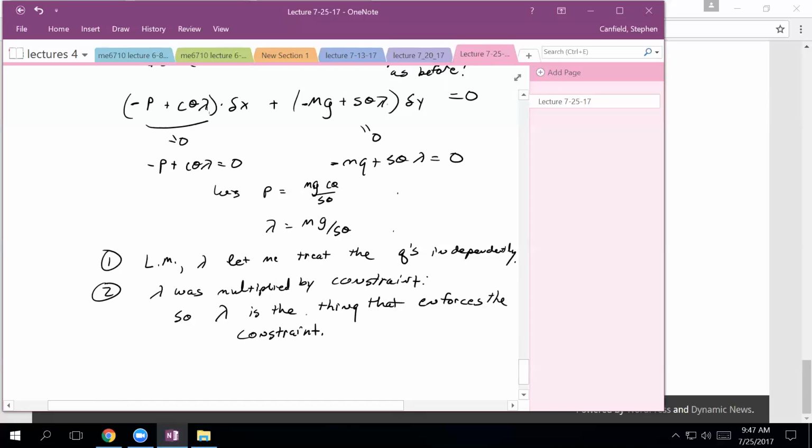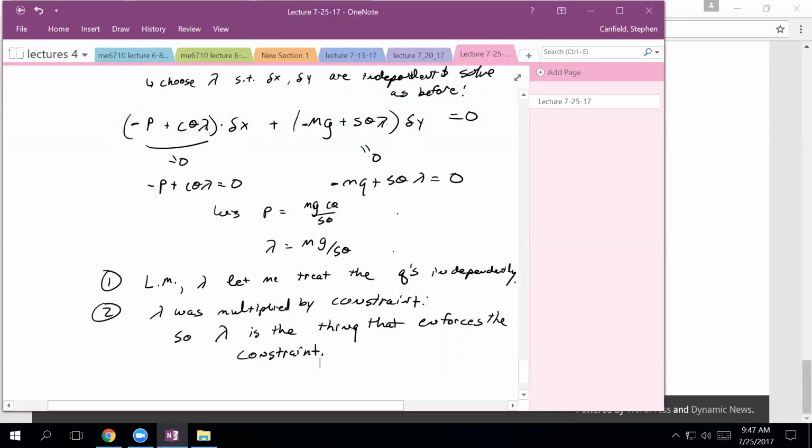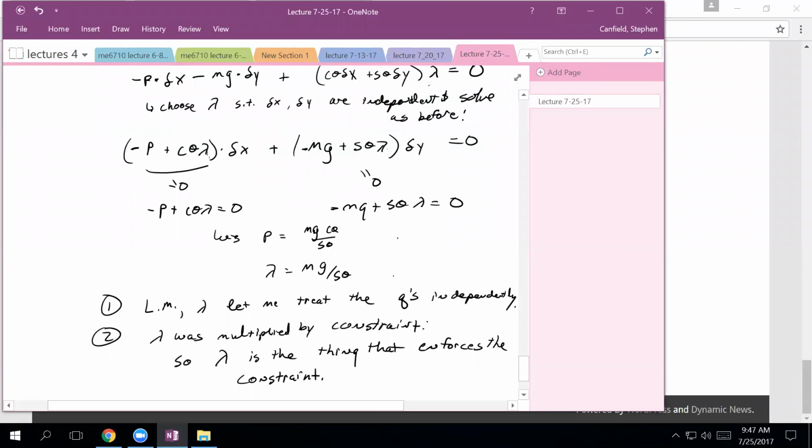I took my constraint, multiplied it by lambda, added it back into my virtual work equation, and later on I'm going to add it to my Lagrange equation. And I solved for it in such a way that it would enforce the constraint.